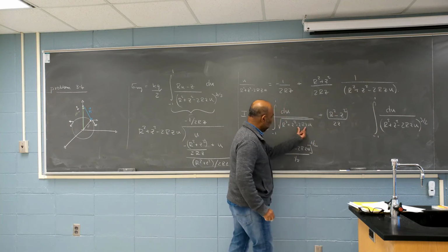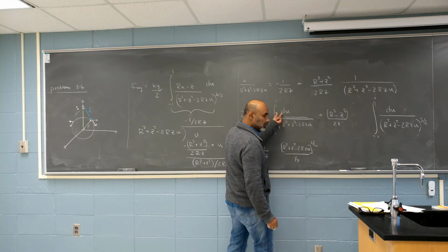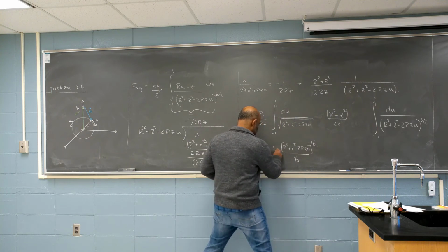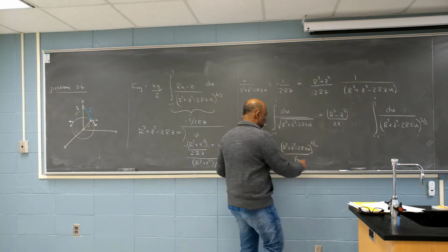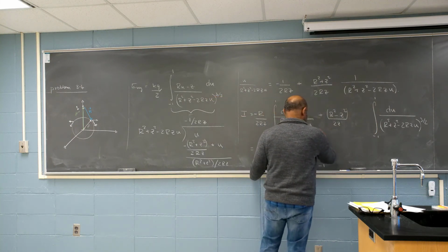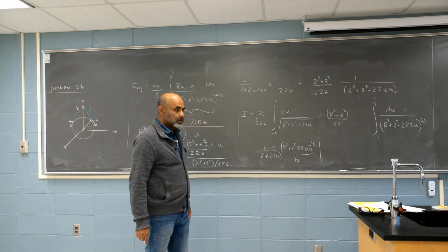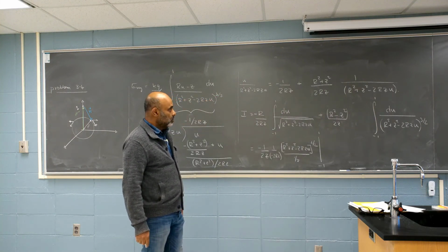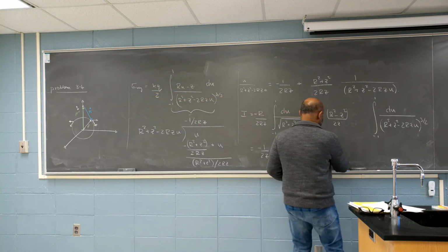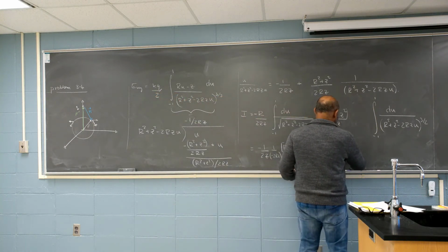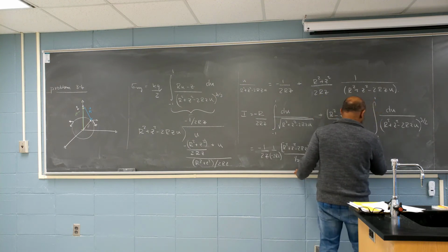But look, minus 2rz has to go over there, so I have minus 2rz. Same thing over here, plus r squared minus z squared over 2z minus 2rz.